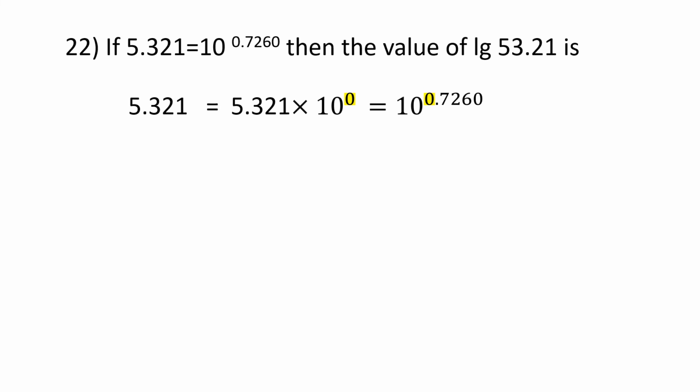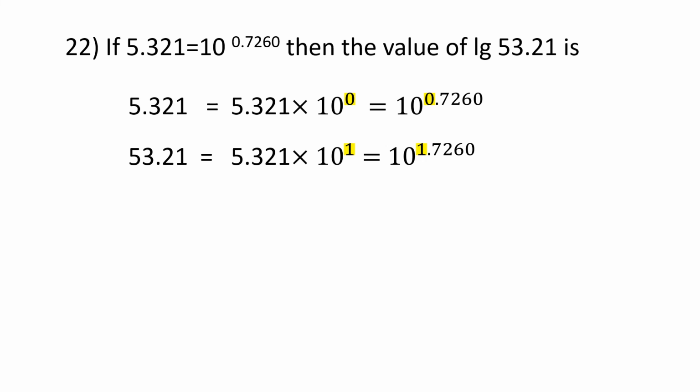Now we will see 53.21. You know 53.21 can be written as 5.321 multiplied by 10 to the power 1. And according to the above, it can be written as 10 to the power 1.7260 as a power of 10.